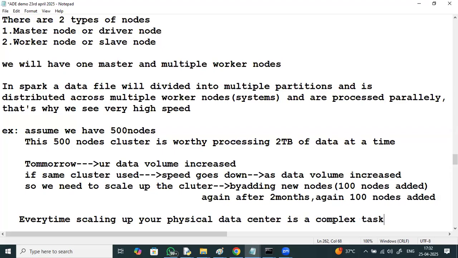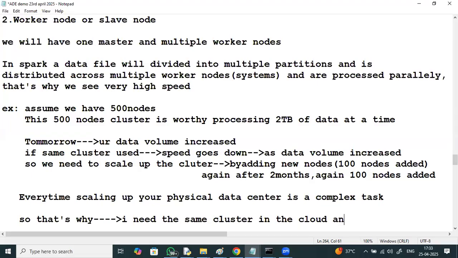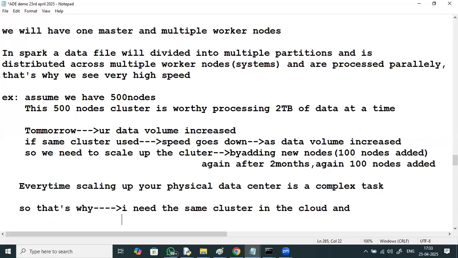That's why I need the same cluster in the cloud, and that too with auto scaling capability.